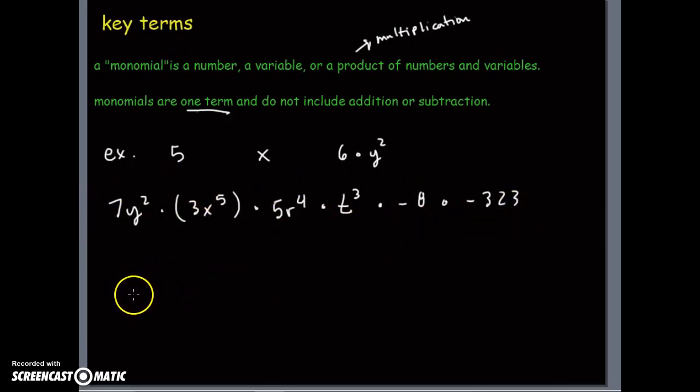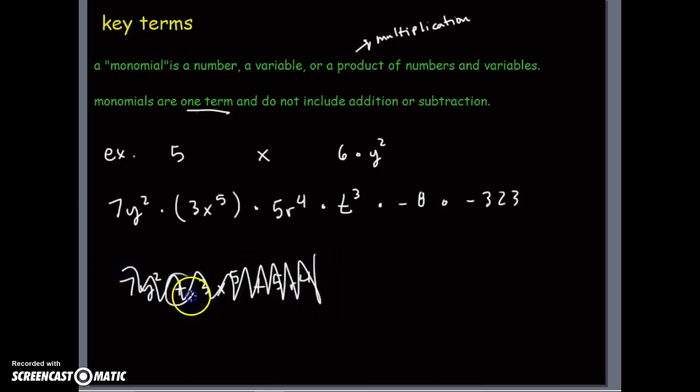A non-example of a monomial would be something like 7y squared plus 3x to the 5th plus 5r to the 4th. This is not a monomial, and the reason is the operation of addition. Monomials are only things that are being multiplied.